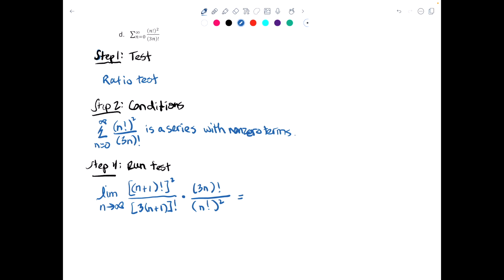And we will get, so let's see what we have. We're going to fix the n plus 1 factorial. We're going to rewrite that as n plus 1 times n factorial, the whole thing squared, over, and sorry, we need our limit notation. The limit is n approaches infinity, over, we're going to have 3n plus 3, because I see we have a 3n factorial.